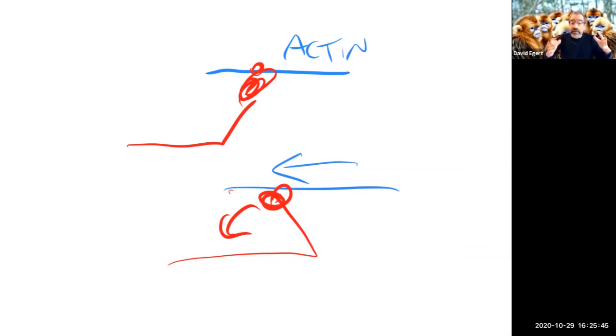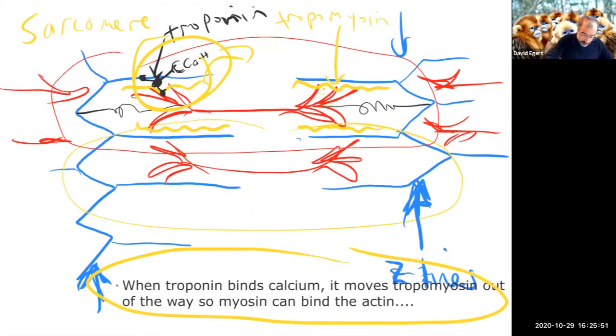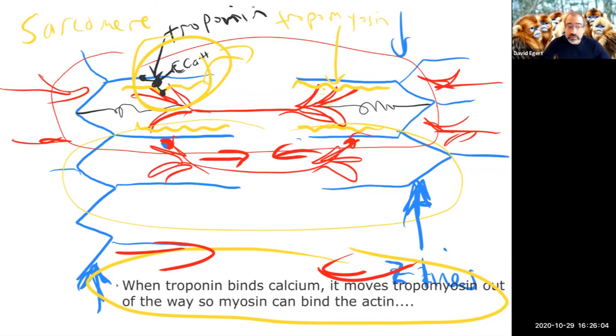Right, so that's generating the force. If you go back again to here, all those little myosin heads grabbing and pulling in on the actin is going to basically pull the Z lines in closer together.